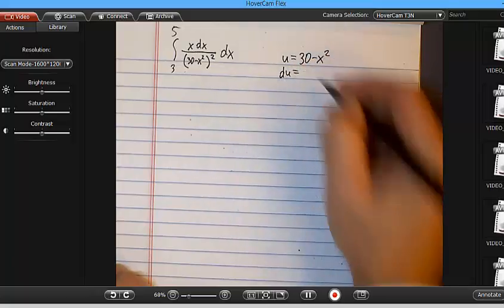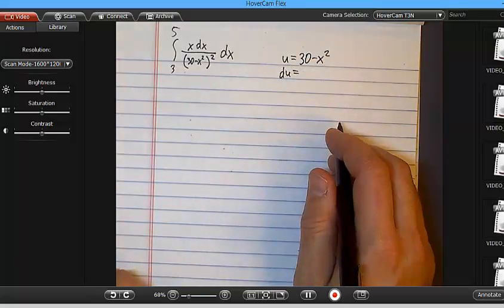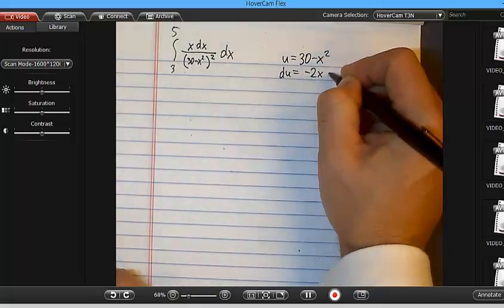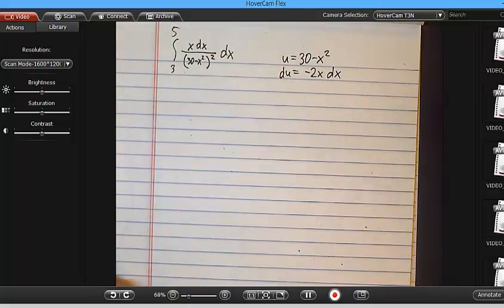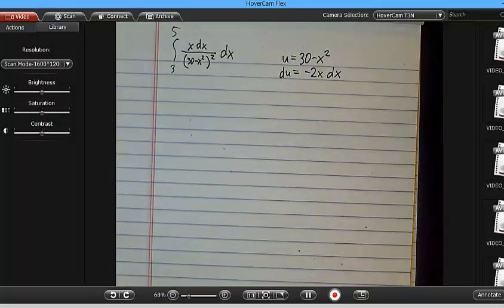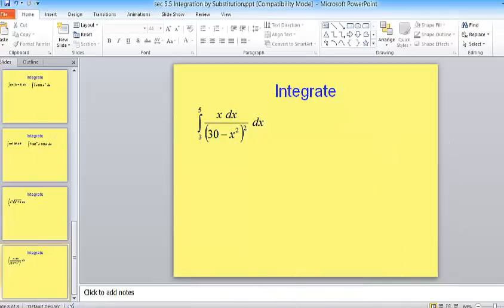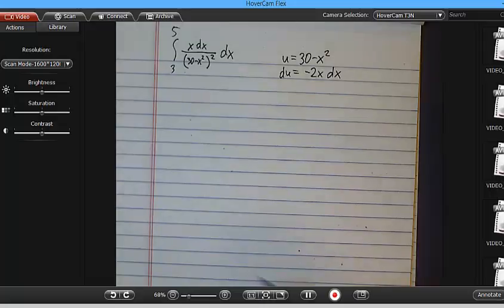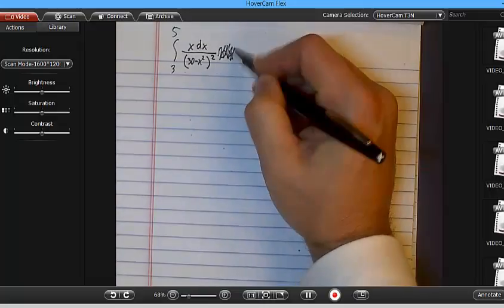du is equal to what? Negative 2x dx. Wait a minute, I don't have dx's both places. What did I copy down wrong? I do have dx's both places. That was stupid. You won't see that in the book, or it's a typo. Right? It's one or the other. Here, get rid of that one.